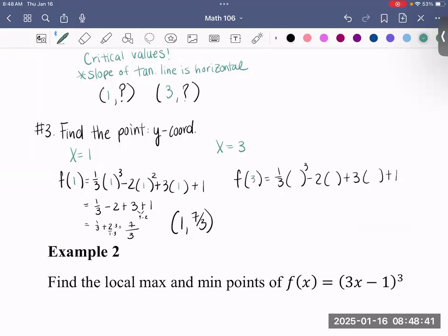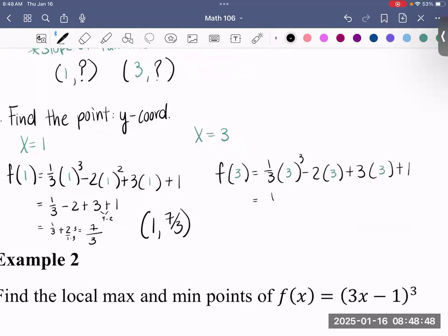We're just replacing it with a 3 here. So you have 1/3 times 27 minus 6 plus, oops, and that's squared. I'm so sorry.